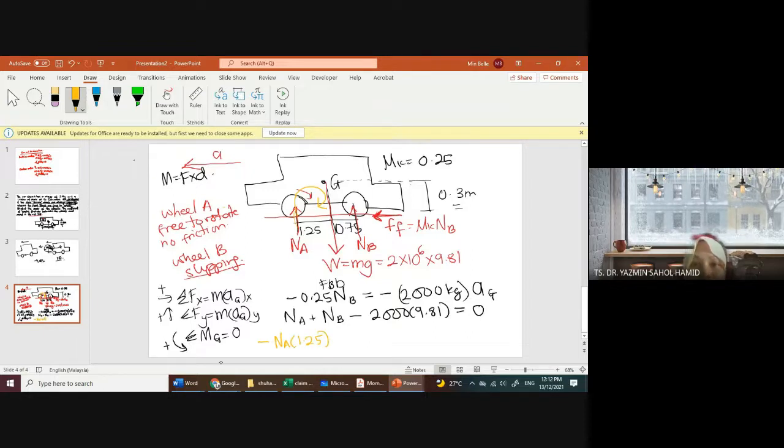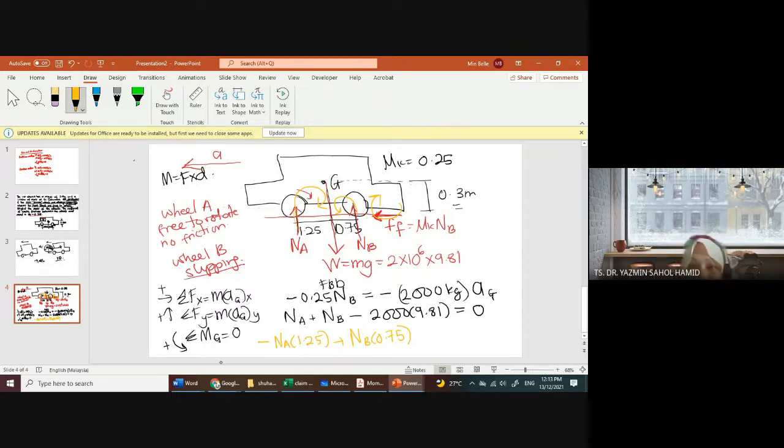Cuba tengok NB pula. NB arah anti-clockwise. So dia akan jadi plus NB kali 0.75. Apa lagi? Friction force. Friction force dia clockwise. Dia clockwise ke anti-clockwise? Dia clockwise.